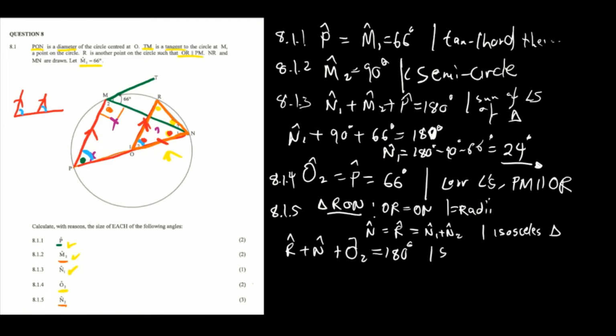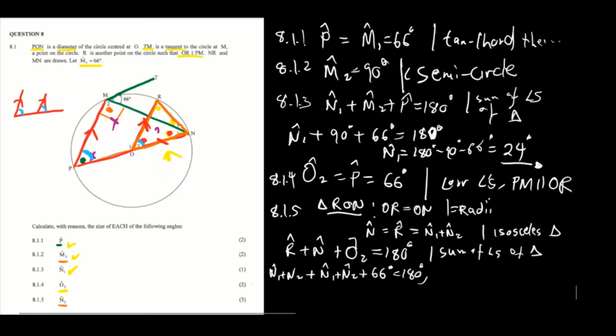The reason for this is sum of angles of a triangle. Angle R is equal to angle N1 plus angle N2, angle N is also equal to angle N1 plus angle N2, plus angle O2, which we calculated is 66 degrees, equals 180 degrees.